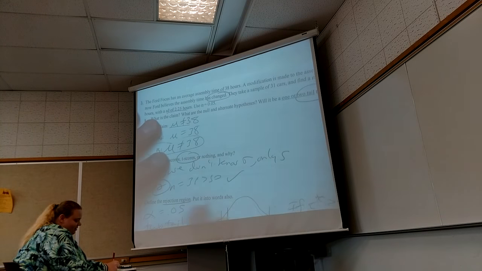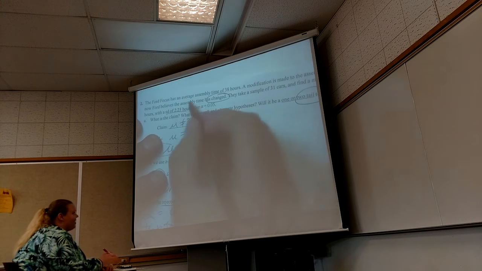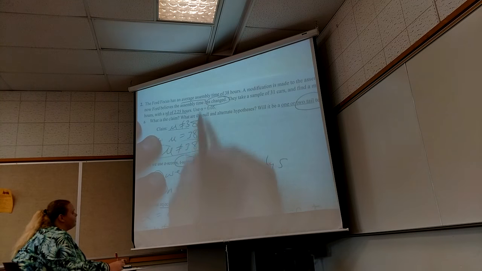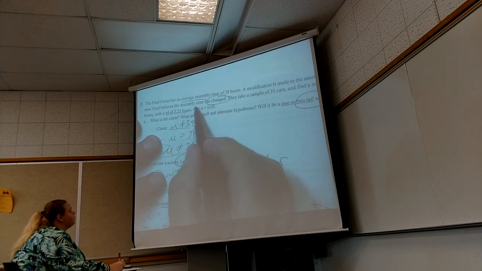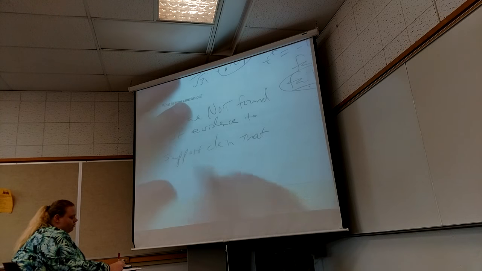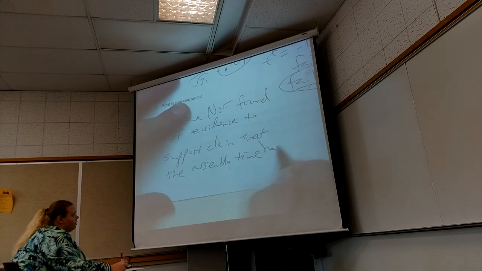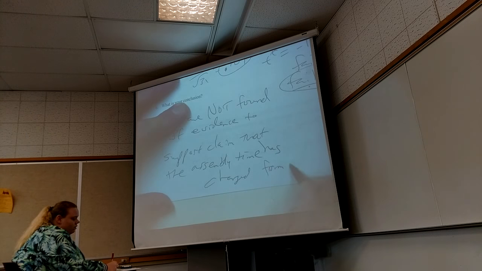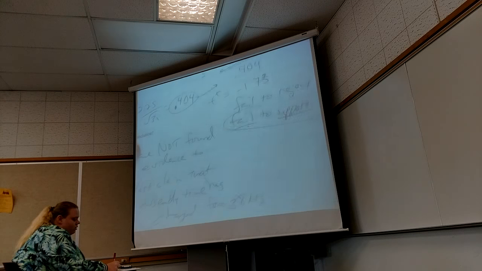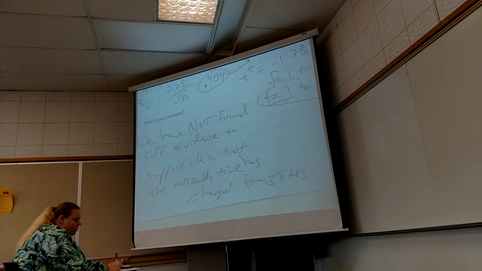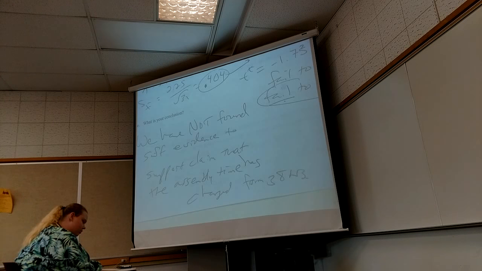What's the claim? I could just steal it. Assembly time has changed. So we have not found sufficient evidence to support the claim that assembly time has changed. And you can be more specific. Has changed from 38 hours. We have not found sufficient evidence because we did not get a sample far enough away.